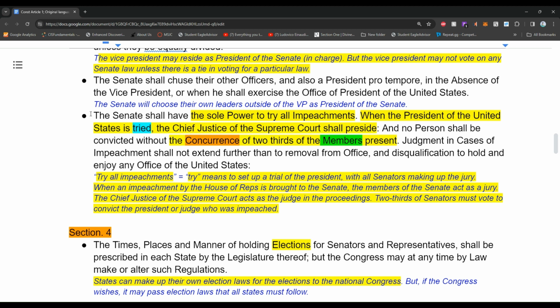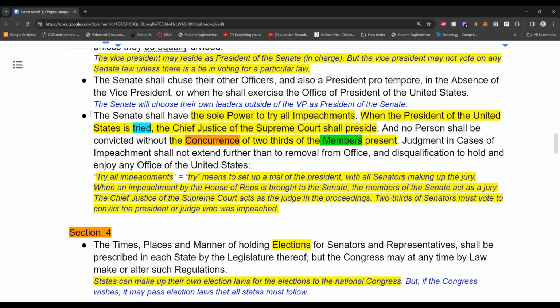Okay? Let's go down to the bullet that is next to the blue highlighted word tried. And this is about the Senate having the ability to kick a president out of office because in the actual court case against the president, the Supreme Court Chief Justice is the presiding judge, and all members of the Senate are the jury.